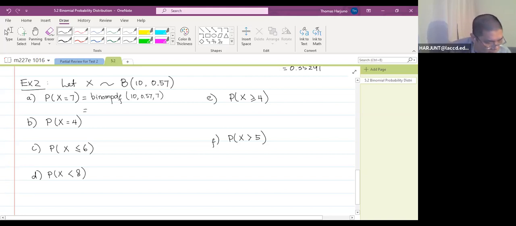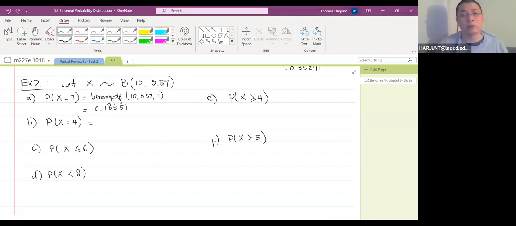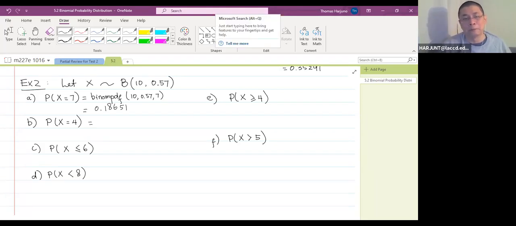I use my calculator and I get 0.18651. Now I may go too fast if you don't slow me down. So let me know if I happen to get it wrong, or if what you get is different from mine.